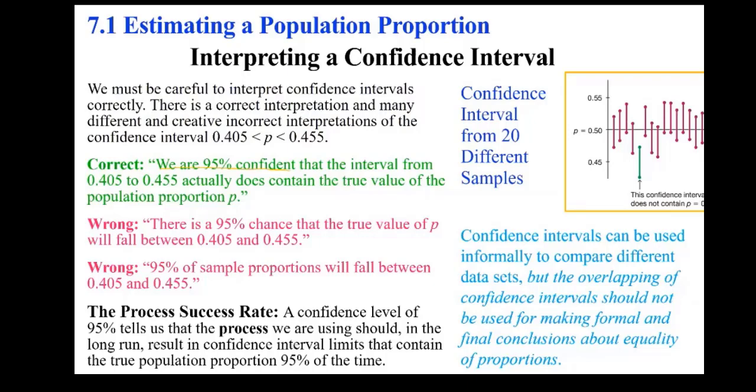As for this last part, confidence intervals can be used informally to compare different data sets. This is when we look at tests of hypothesis. There are different methods: a traditional method that uses the critical value, we use the p-value, and we use the confidence intervals.